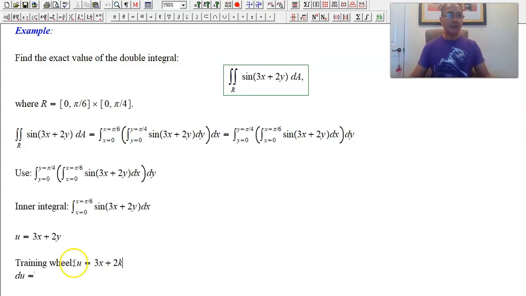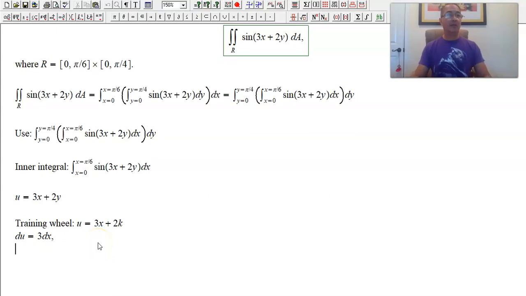So when you get du, you'll just get 3 dx. With practice, you're not even going to need that. So y is a constant, we just get 3 dx, and of course dx is going to be 1/3 of du.